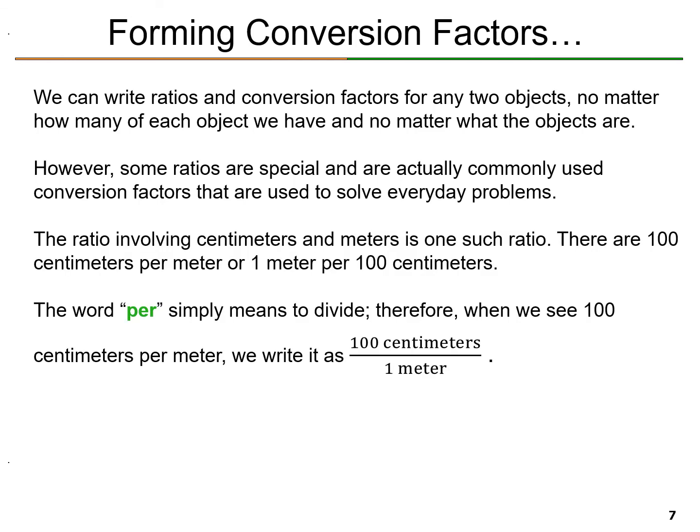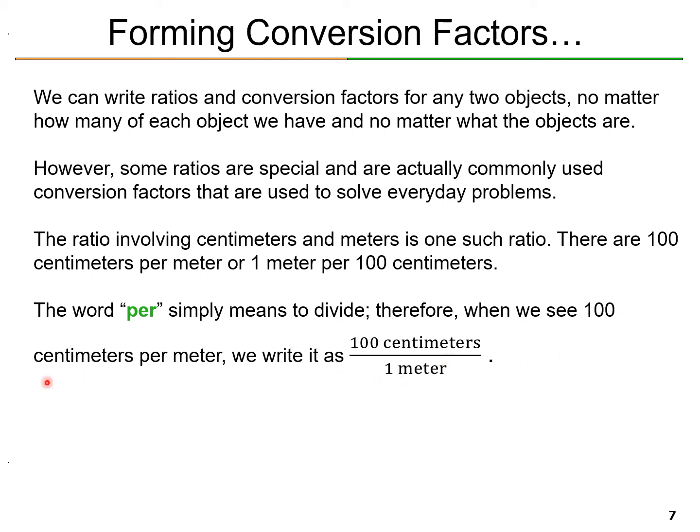The ratio involving centimeters and meters is one such special ratio. There are 100 centimeters per meter. Equivalently, we can say that there is 1 meter per 100 centimeters. The word per simply means to divide. Therefore, when we see 100 centimeters per meter, we write that statement as 100 centimeters divided by 1 meter.